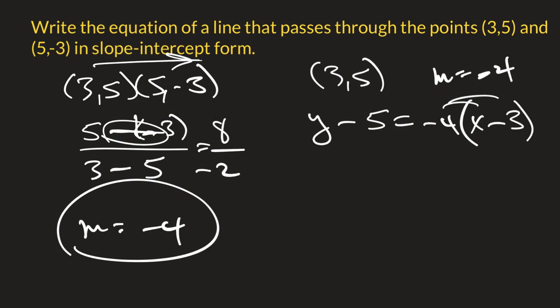Let's distribute the slope. Y minus 5 equals negative 4 times x is what? Negative 4x. Negative 4 times negative 3. Positive 12.